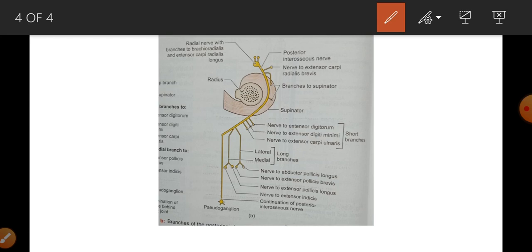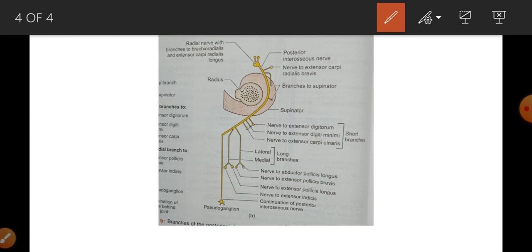Before piercing the supinator, it gives branches to the extensor carpi radialis brevis and one branch to the supinator. While passing through the supinator, it gives another branch to the supinator. And after emerging from the supinator, the nerve gives 3 short branches and 2 long branches.